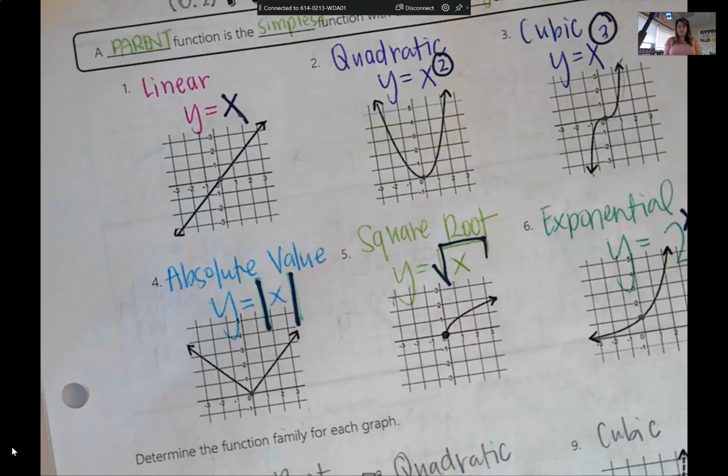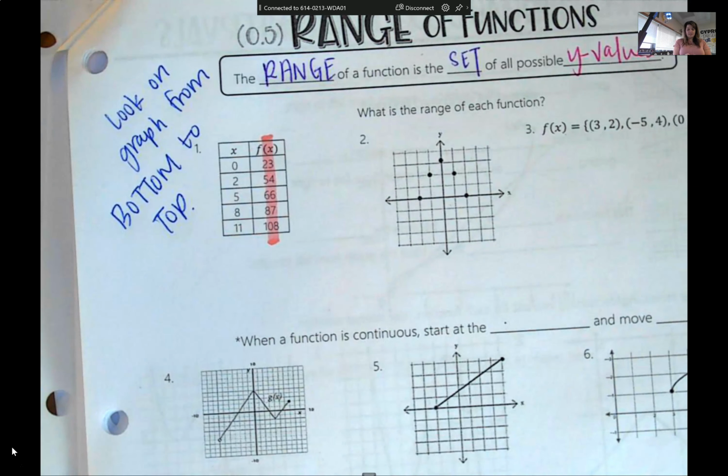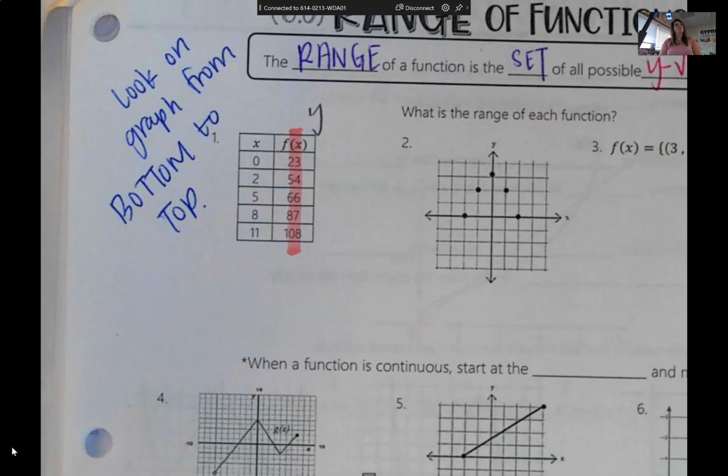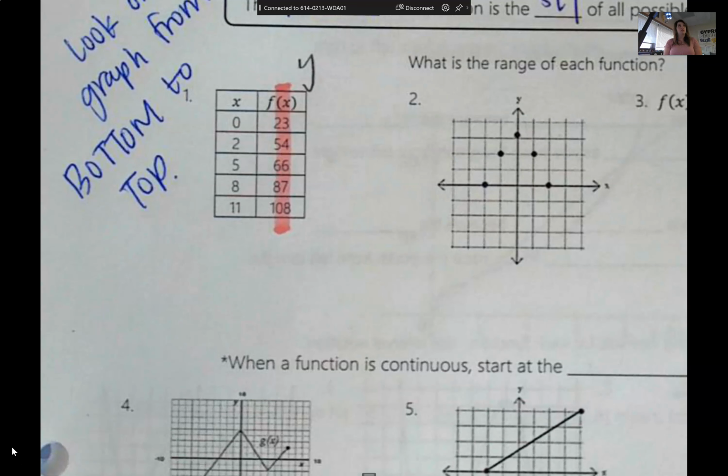Now when we do range, instead, we're looking at the y column. I list them the same as I did before; I just need to be aware that this time I'm focusing on the y values.